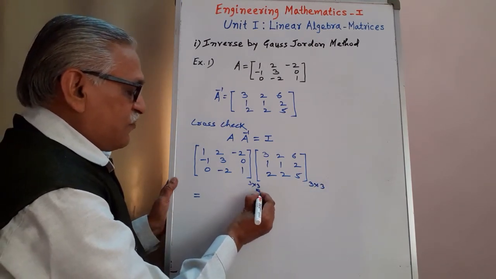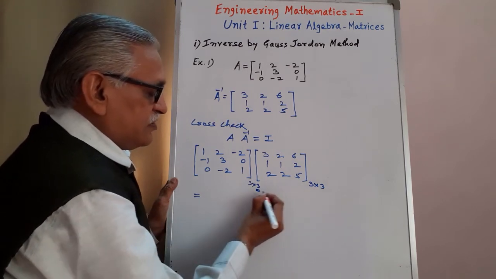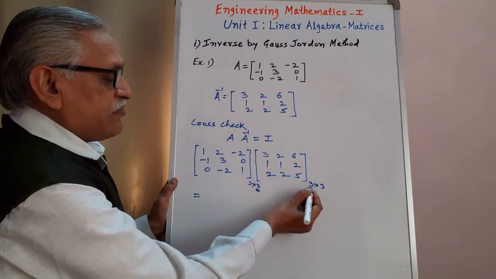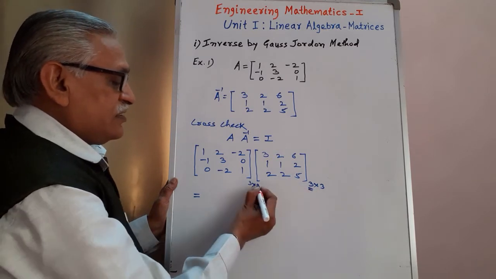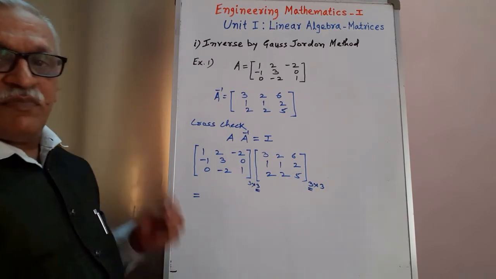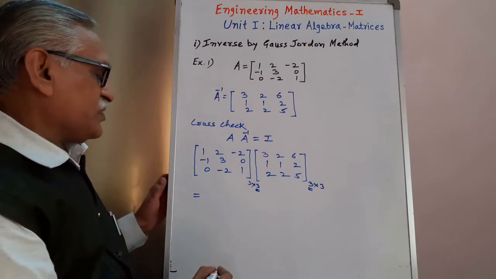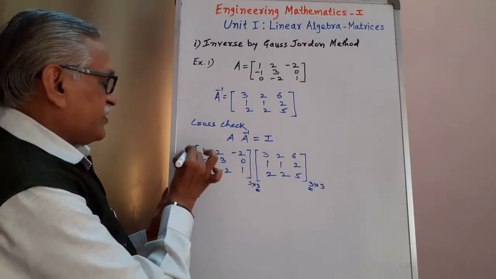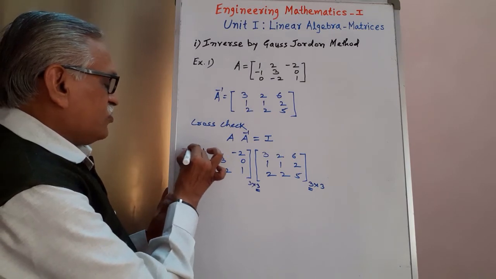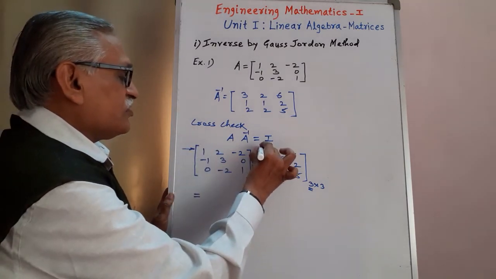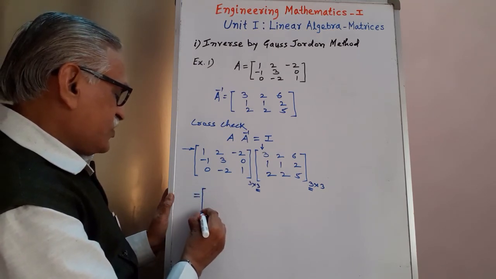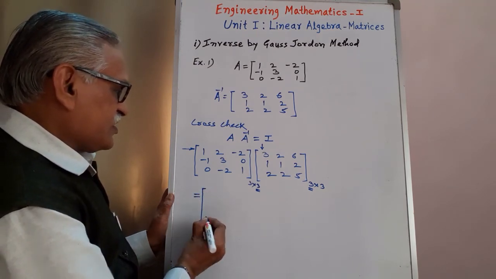The number of columns of the first is 3, and the number of rows of the second matrix is also 3. This 3 equals 3 means matrix multiplication is possible. Then we multiply row by column, first with first, second with second, third with third, like this.